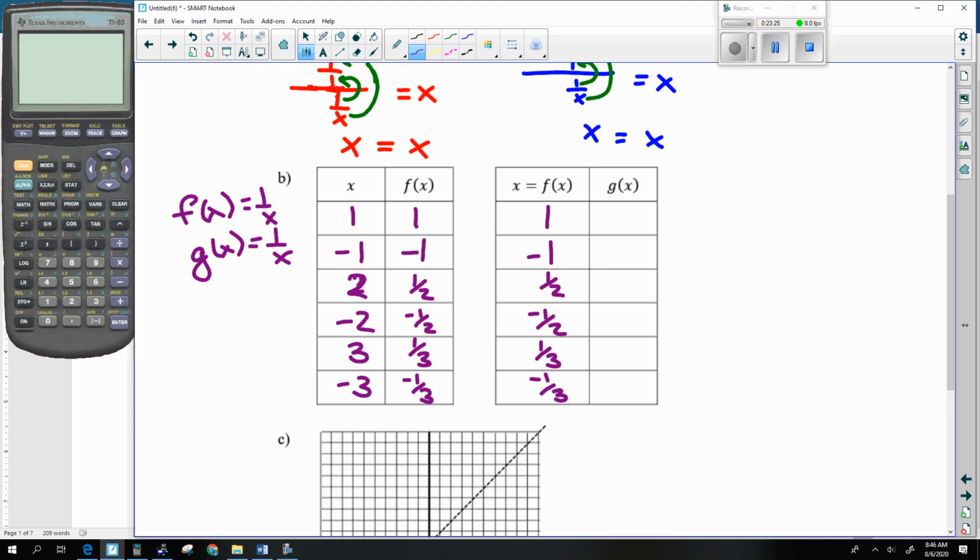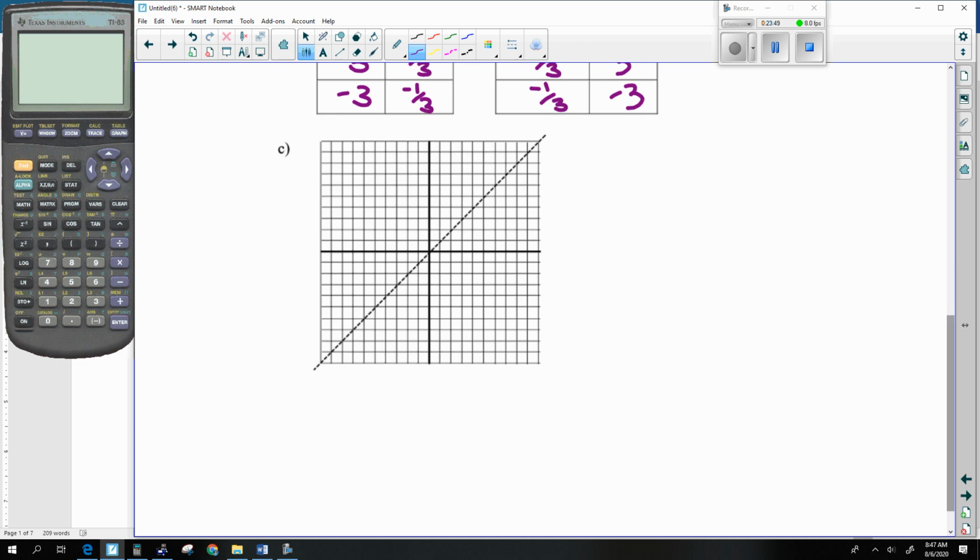So again, g of x is the same thing as saying x to the negative 1, so it's just a reciprocal of what is already there. So it works out. Show that 1 over x is the inverse of 1 over x, and so that will have a point there and there.